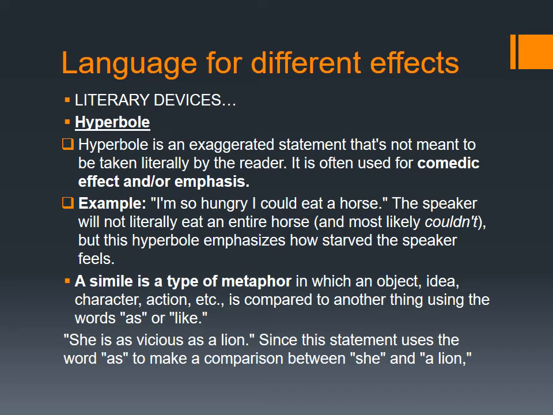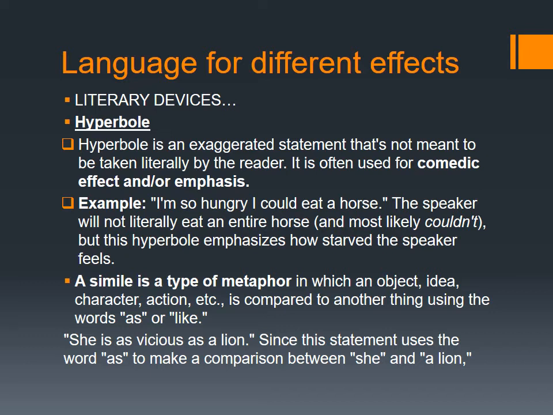So did the person who said this sentence mean it? What do you think? Did that person really mean that he can eat a horse right now? I don't think so. To have further clarification, let's have a look at this. The speaker will not literally eat an entire horse, obviously, and most likely couldn't.